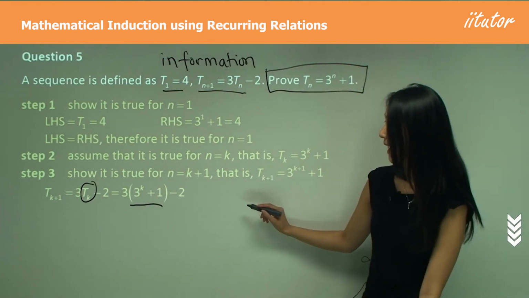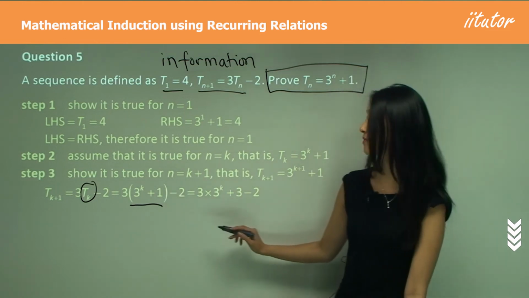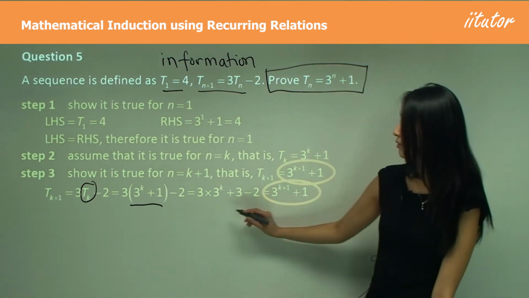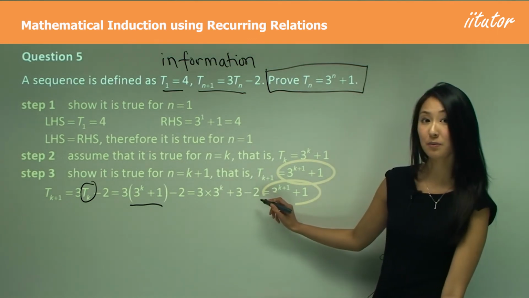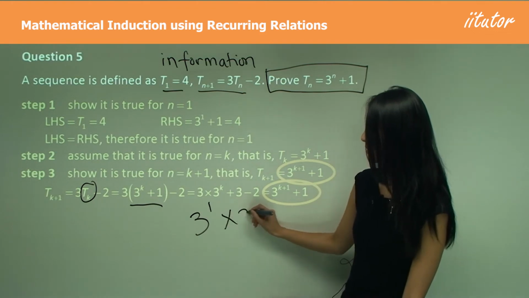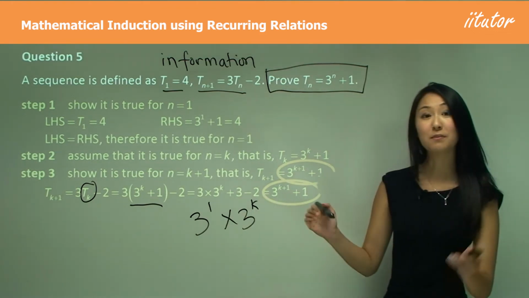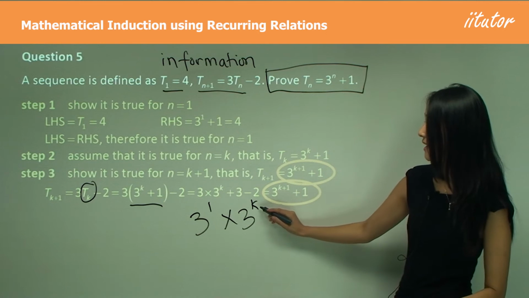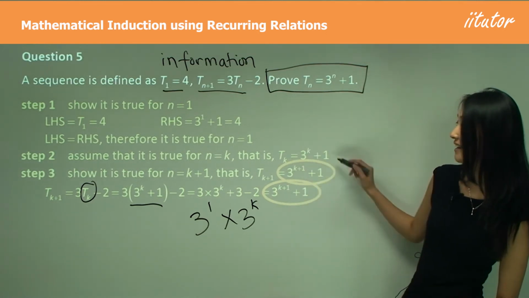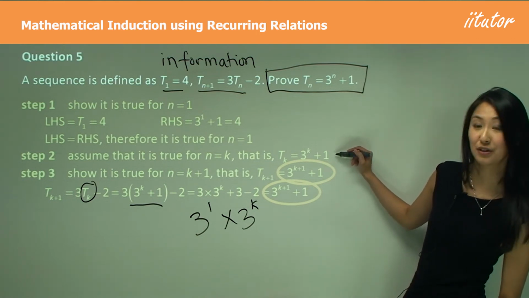And I can just expand that, and that's going to be 3 times 3^k plus 3 minus 2, which equals 3 times 3^k plus 1. Because you have 3 to the power of 1 times 3^k, when you multiply them together, that's how you get 3^(k+1) plus 1, which looks exactly like the right-hand side that we wanted to prove.